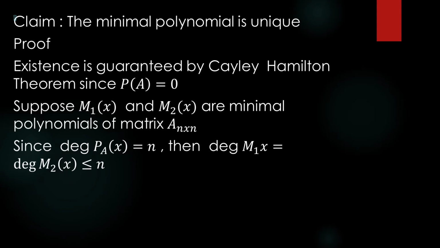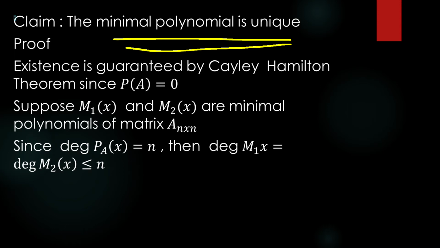Okay, let's have a claim then. The minimal polynomial is unique. If we claim that the minimal polynomial is unique, can we prove this? So this is how we do it.